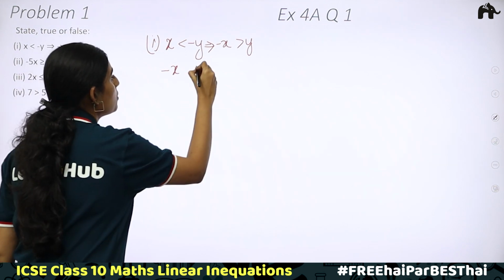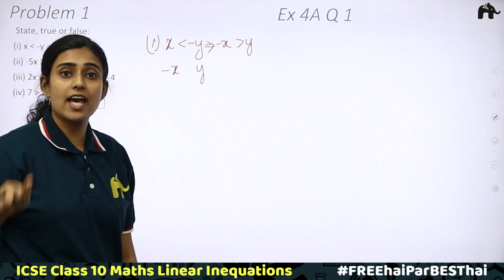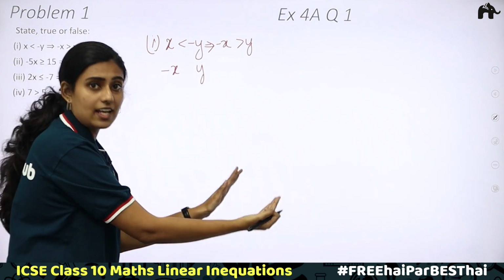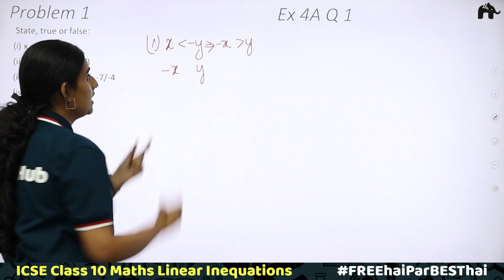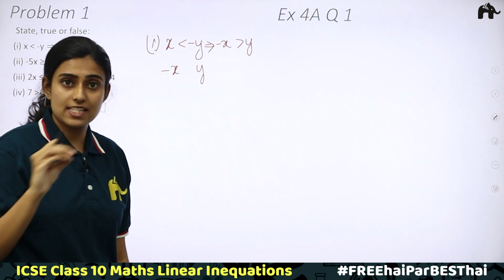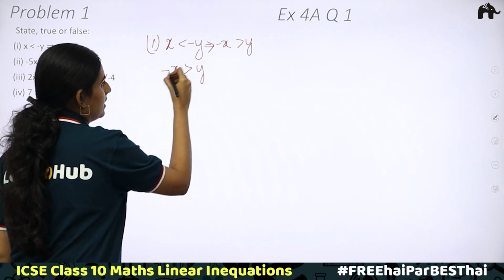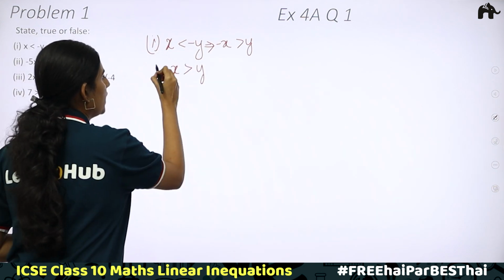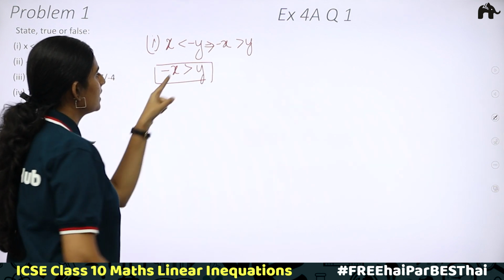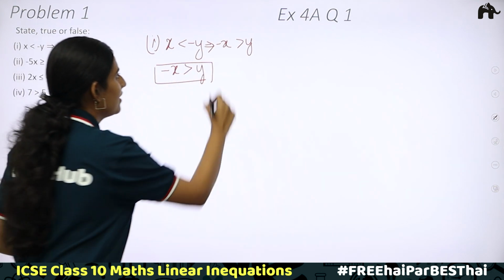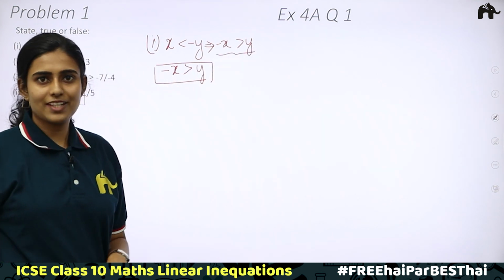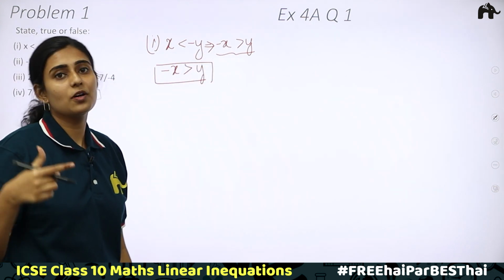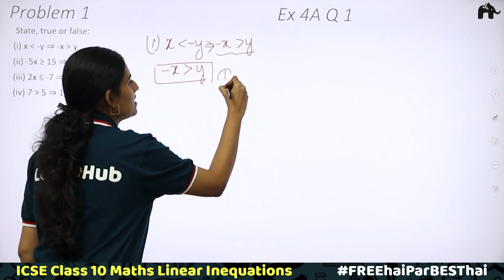Minus y becomes plus y. You have to change the sign in both terms, on the left hand side and the right hand side. The inequality is less than, and less than becomes greater than. This is what we get from the first inequation: minus x greater than y. Here we got the same. Right? In the question, what is given? We got the same implication when we used rule 5. So this statement is true.